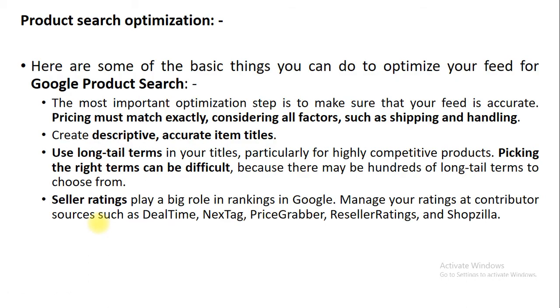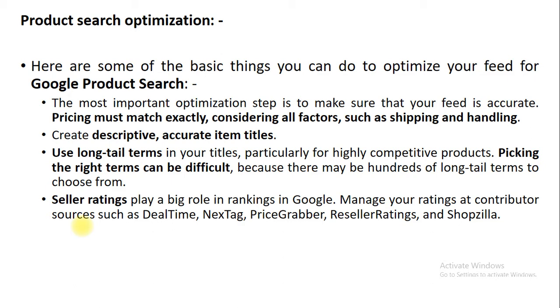Now, product search optimization. Here are some basic things you can do to optimize your feed for Google product search. Number one, the most important optimization step is to make sure that your feed is accurate. Pricing must be matched exactly, considering all factors such as shipping and handling. When you give a list of products in front of customers, you need to write the accurate price of the product.